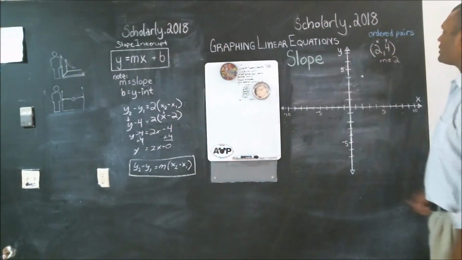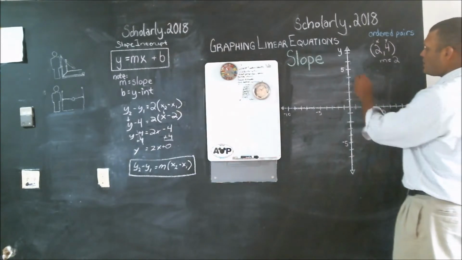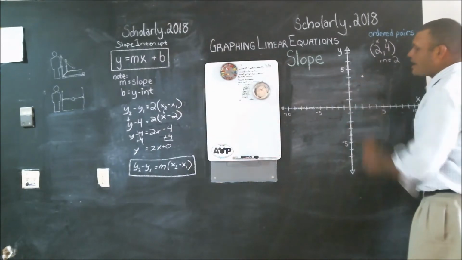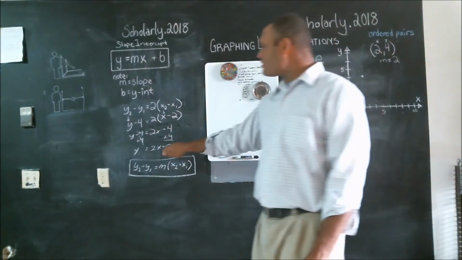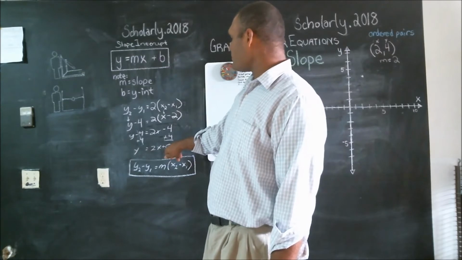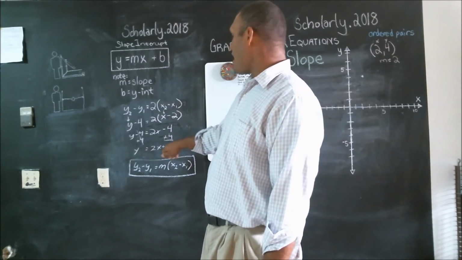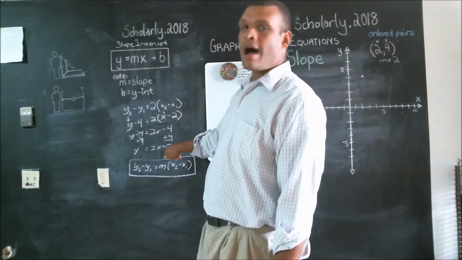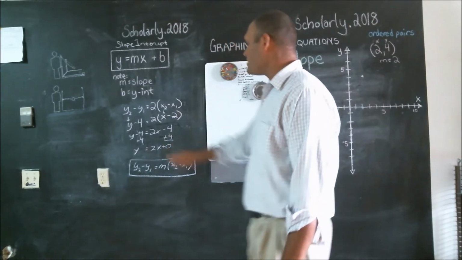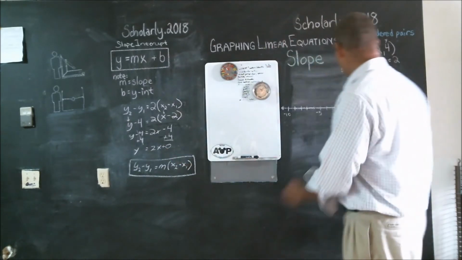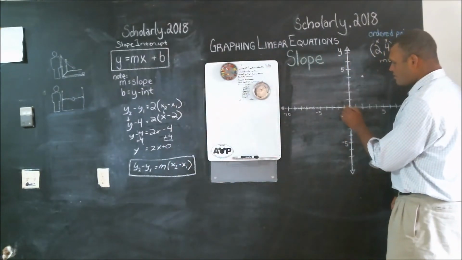We have a point here, 2 and 4, right? 2 over, 4 up. We have a point there. And we also know that our y-intercept, where our point crosses the y-axis, is at 0. We know that both of our coordinates are 0, so we're going to have a point right there.